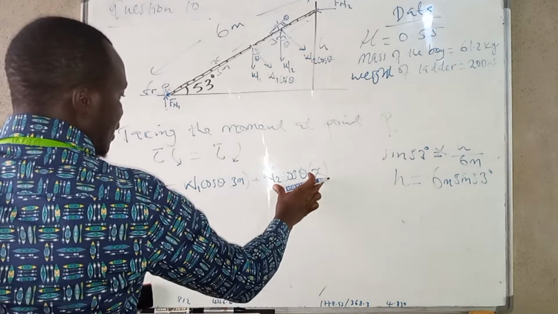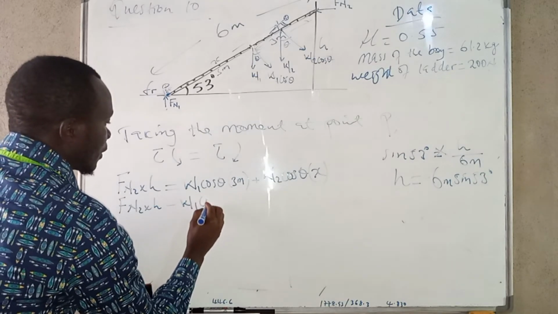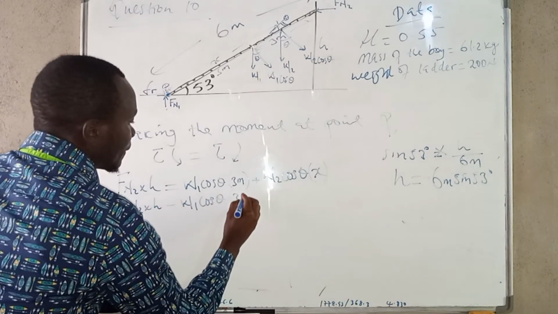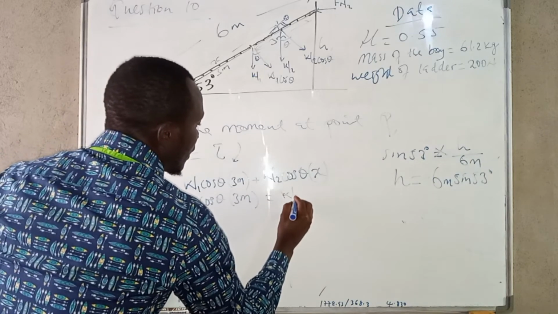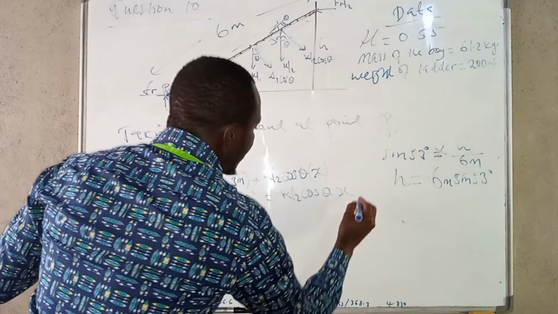Before we plug in, let us make this the subject by subtracting weight 1 cos theta times 3 meters, which is equal to weight 2 cos theta x.